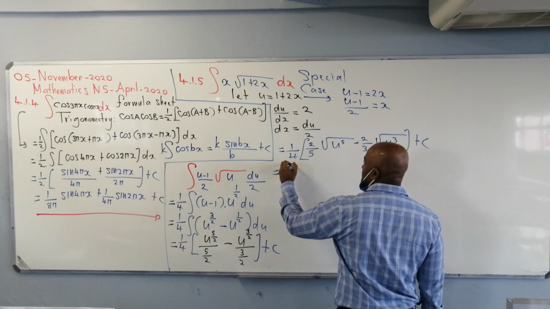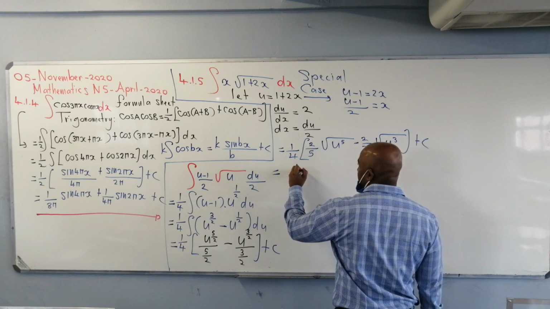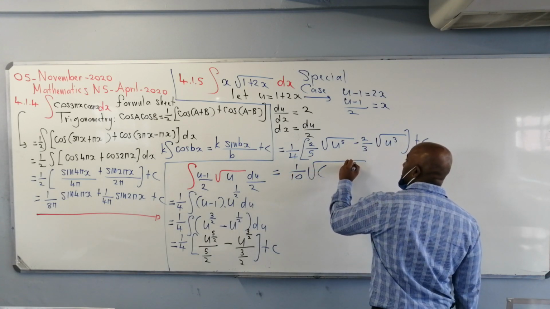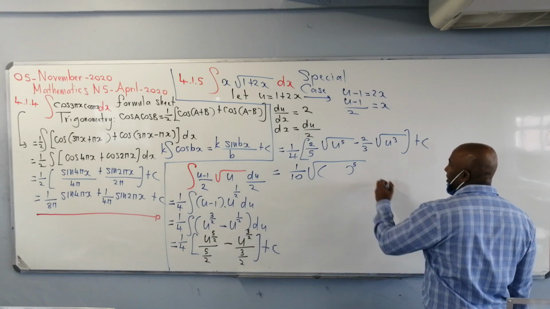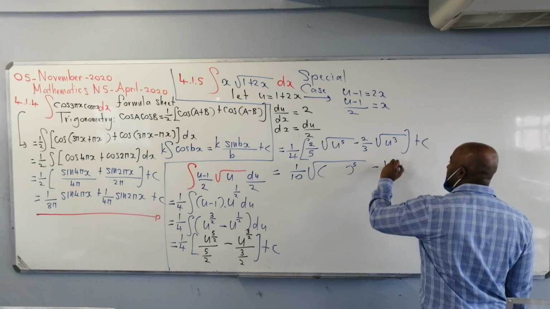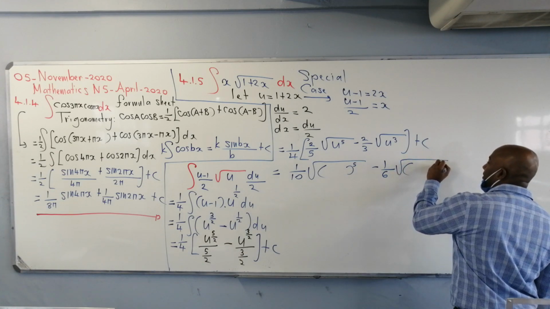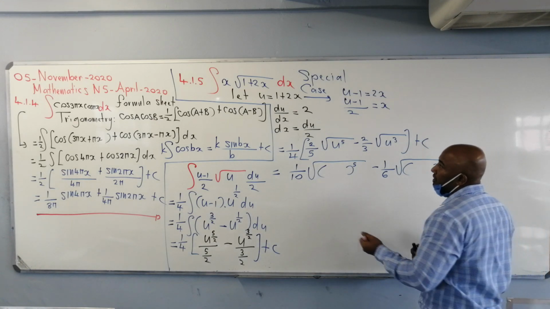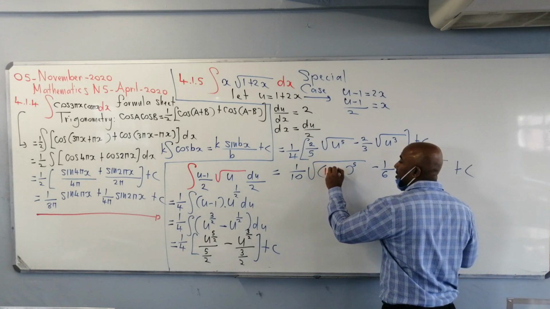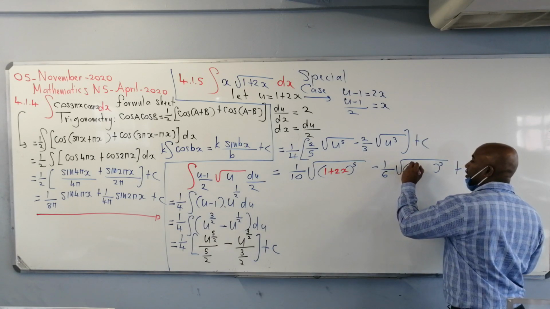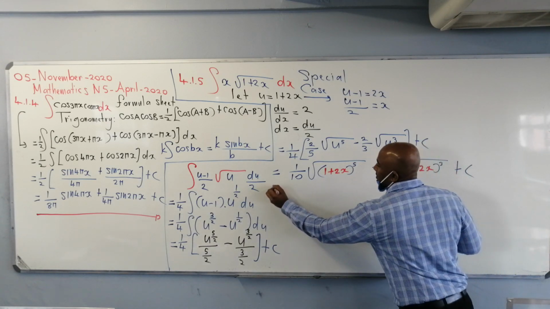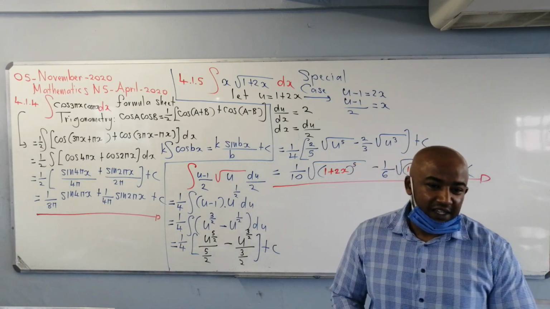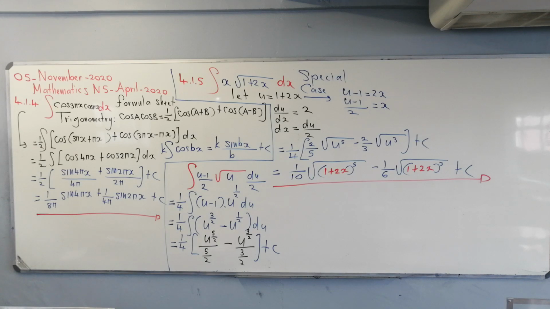So if I remove these brackets, this is going to be 2 over 1 over 2, so that's going to be 1 over 10, the square root of u to the power 5, and that will be minus 1 over 6, the square root of u to the power 3, plus c. And what was u? u was 1 plus 2x. Right, so that was question 4, integration.